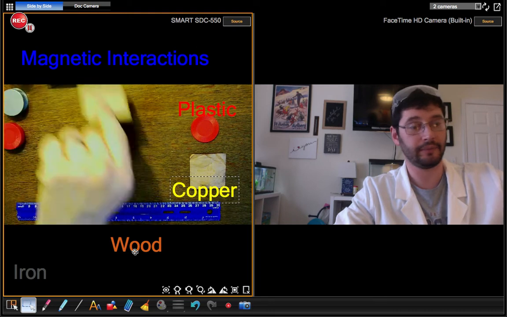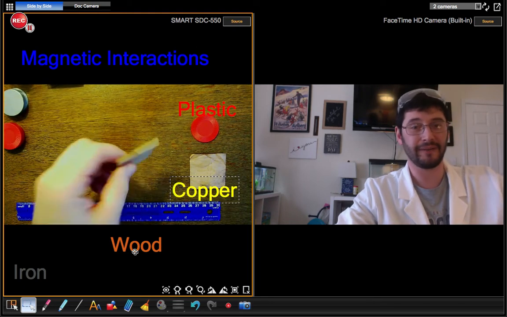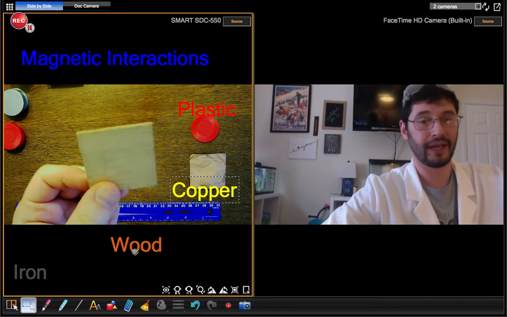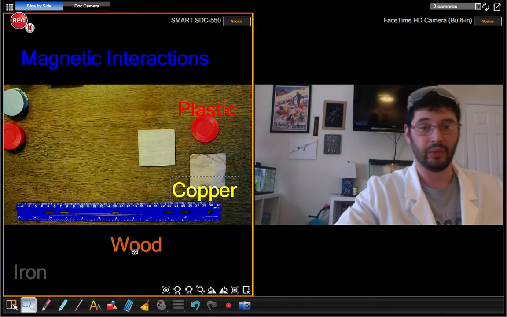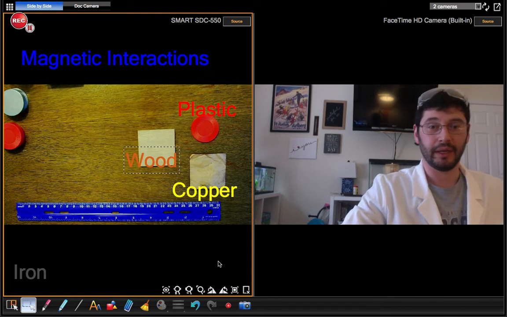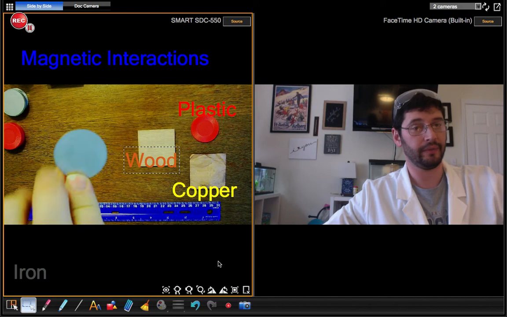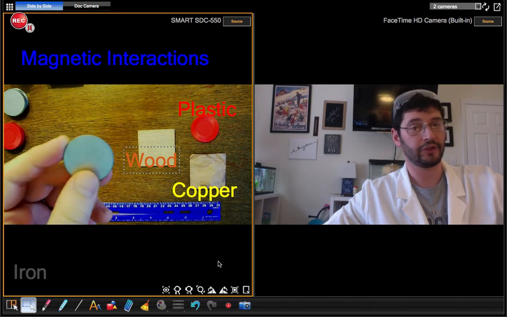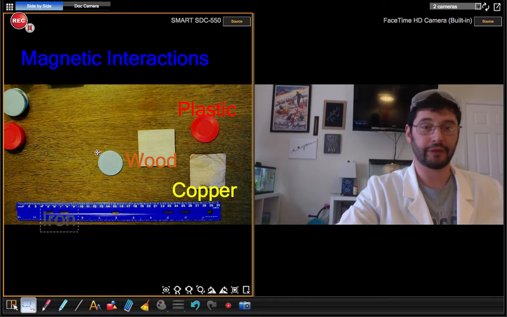And our next one here, you can see how it matches the material of the table right here. Let's take a closer look at that. This is our wood. And then our last object, which you can see is also very shiny, is our iron disc.